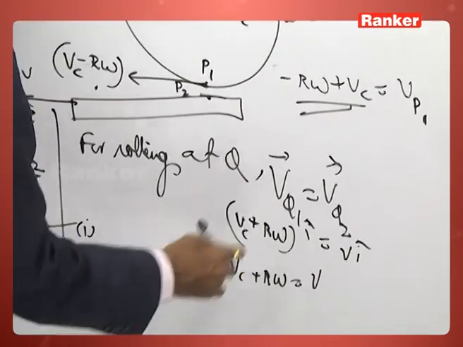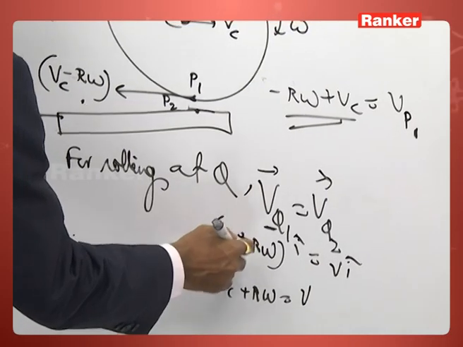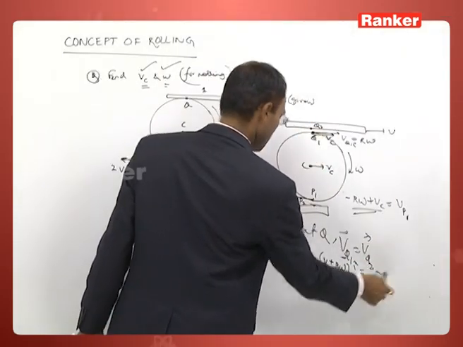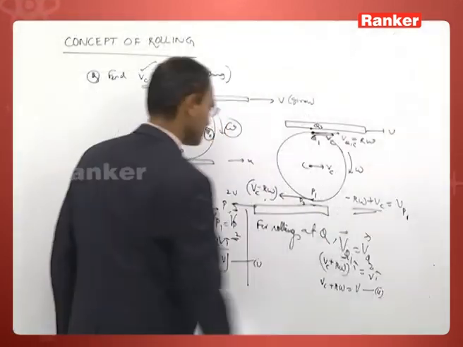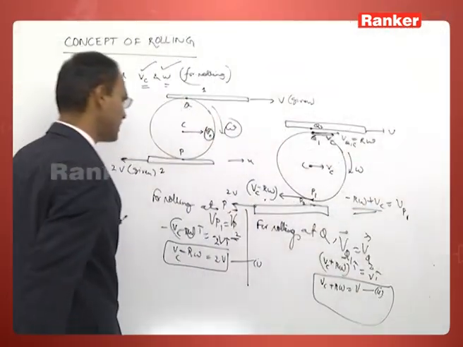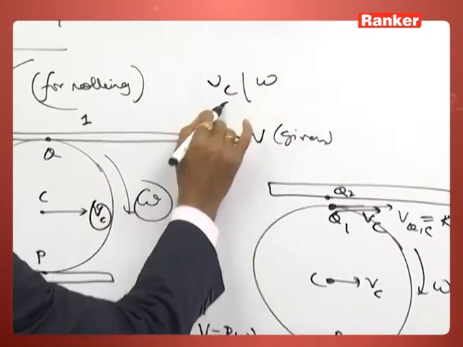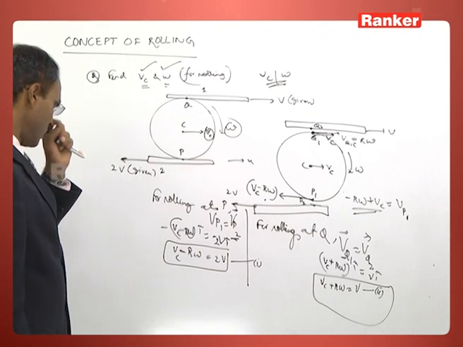Therefore Vq1 will be equal to Vc plus R omega i cap, and this point velocity is V. So Vc plus R omega is equal to V, equation number 2. Now we have 2 equations for 2 unknown quantities. What are the unknown quantities? Vc and omega.